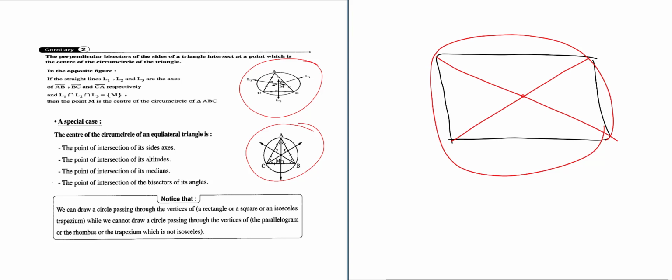And also, in the same way, we can draw a circle passing through the vertices of a square and an isosceles trapezium. But we can't draw a circle passing through the vertices of a parallelogram or trapezium or rhombus. Okay? We can't draw a circle passing through the four vertices of a parallelogram, rhombus, and trapezium. Thanks.